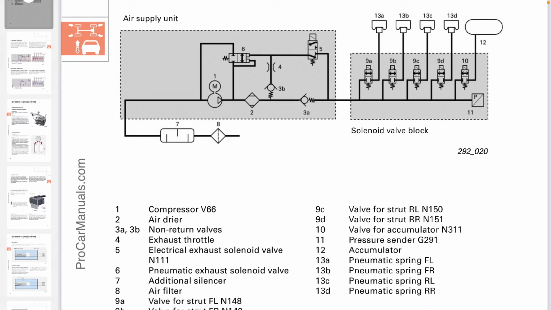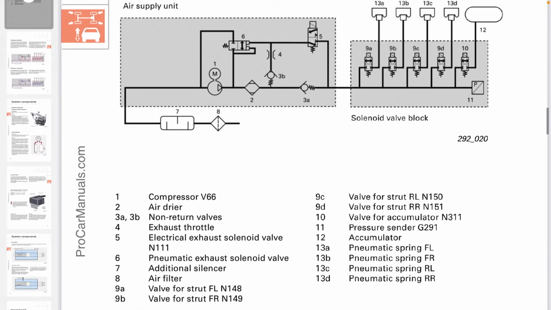So the responsible one is the pressure sender G291, which is the 11. This one, the 11, will sense the pressure difference between the 13s and the 12. And then it will command the number 10 to open or close the air.